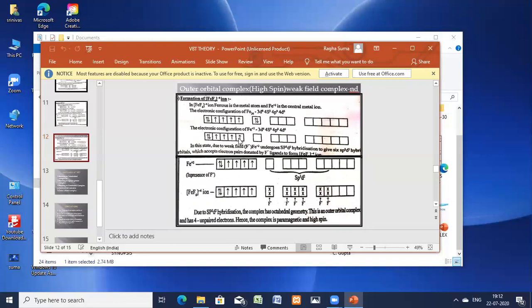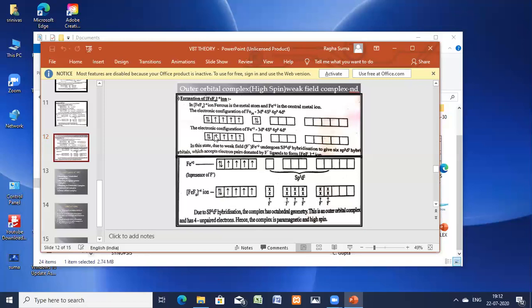Here you can see fluorine is a weak field ligand, so it is a weak field, high spin complex. The electrons do not get paired up because it's a weak field.